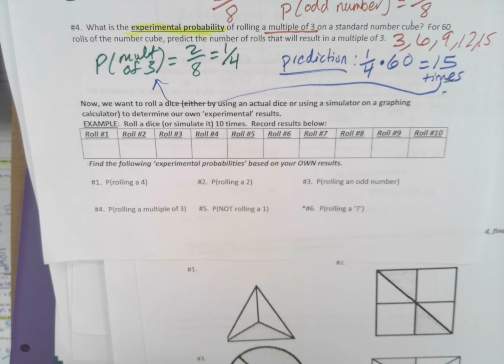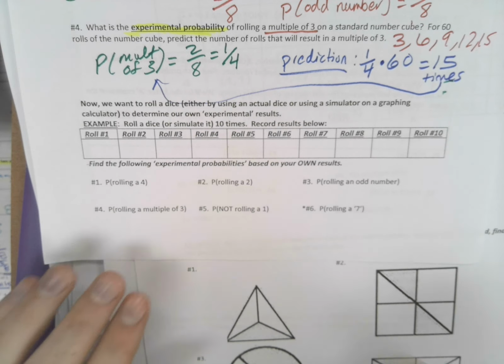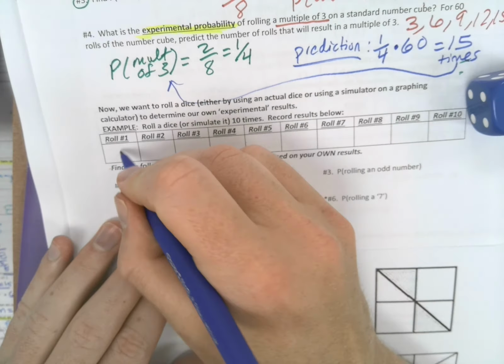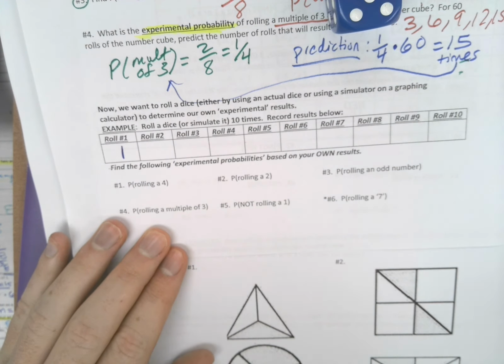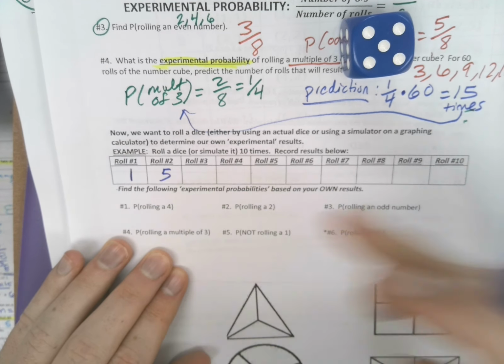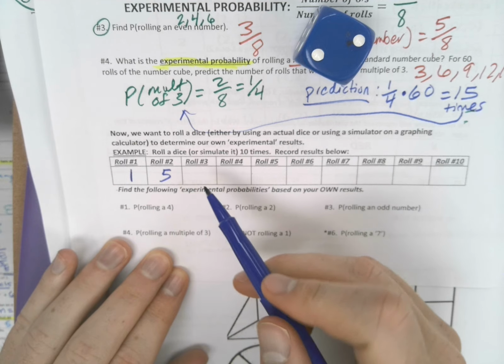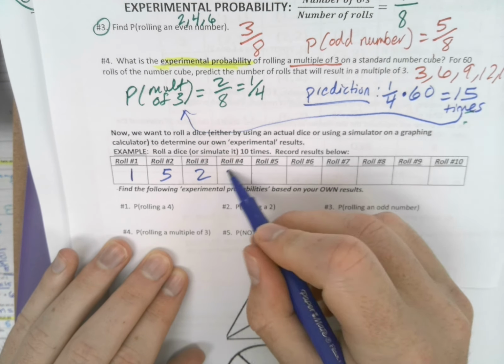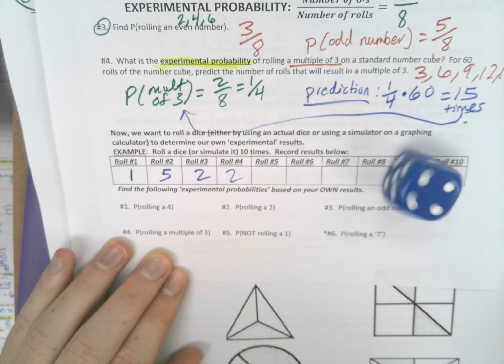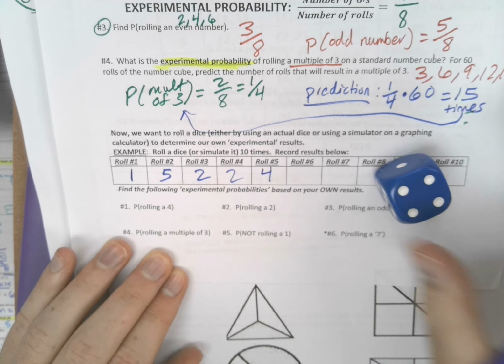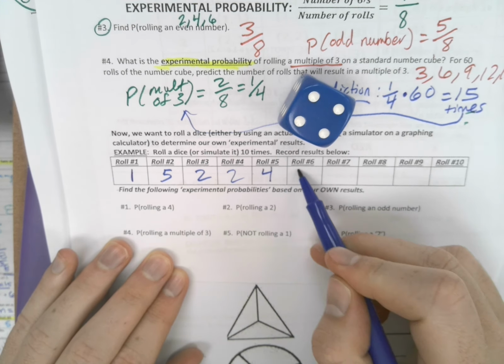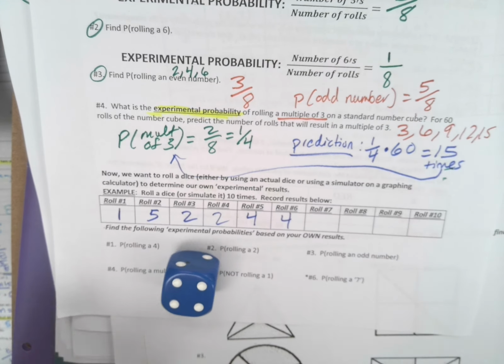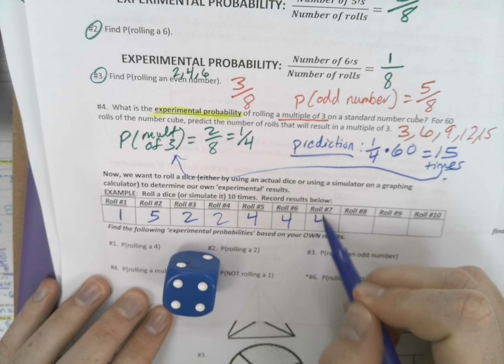So let me go ahead and roll, and you guys can roll with me. All right, I got 1, 5, 2, 2, 4, 4 again, 4 again.